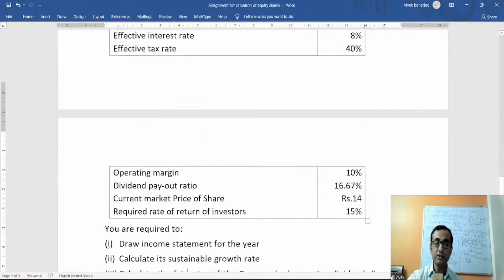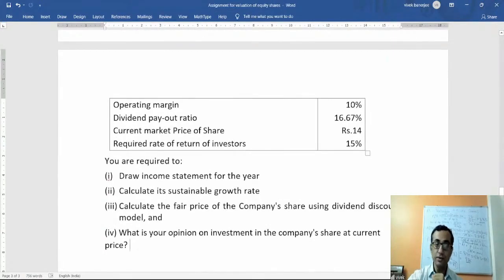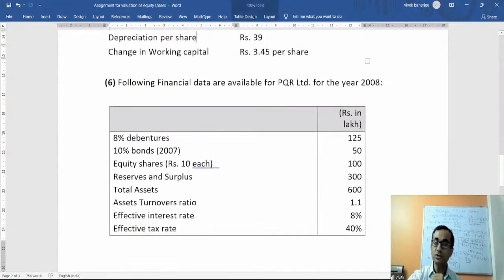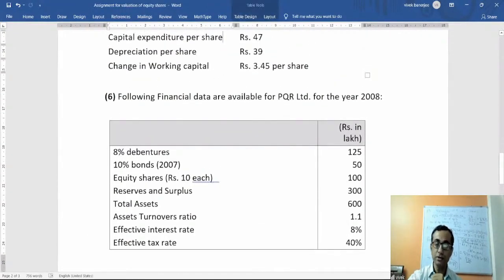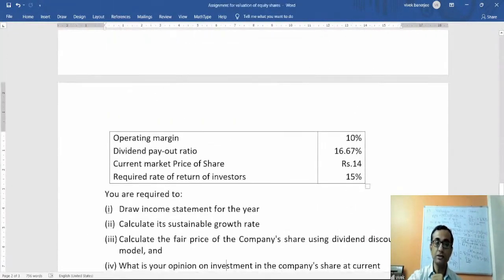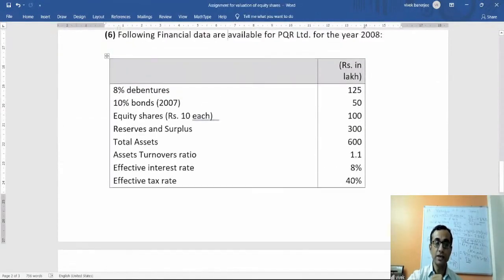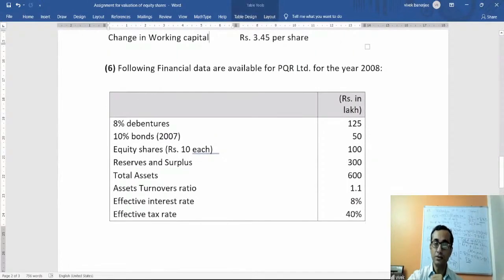The operating margin is also given, so this is percentage of sales. On this basis, cost of goods sold can also be calculated on the basis of sales minus this operating margin figure. And then we can calculate the interest, and so on. So this way the income statement can be calculated.